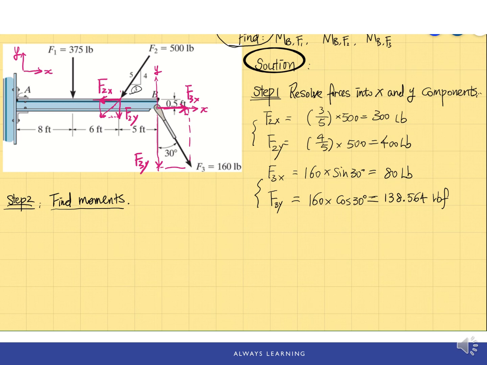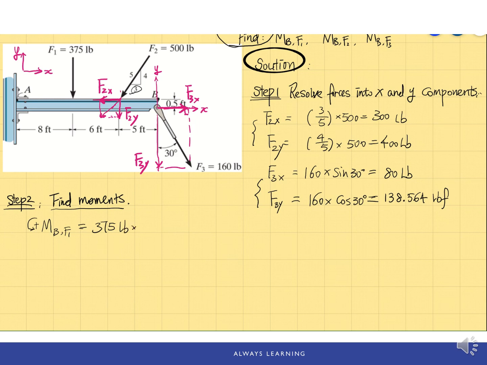So step 2, I'm going to write it over here, is to find the moment of each force. So for F1, one way to do the sign notation, or the direction notation, is we draw the direction indicating the positive moment direction. So the moment about B by force F1 equals the magnitude of F1, which is 375 pound force, times the moment arm.